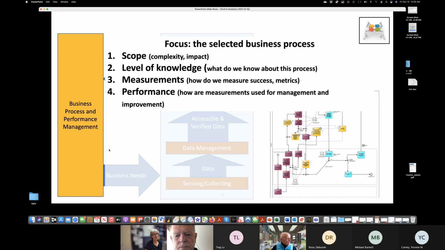So we'll start with the business process and performance management. And the idea was that we would focus our assessment of technology with respect to a certain business process or a function, rather than trying to make a judgment about whether a utility has certain capabilities.